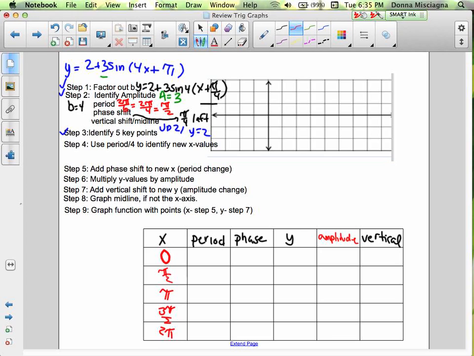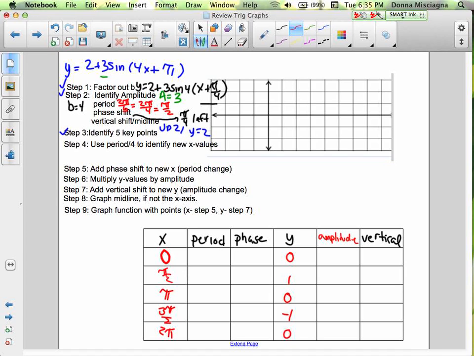So sine starts at 0, then goes to 1, 0, -1, 0. And we've done that on the unit circle. So 0 corresponds to the x-axis, 1 corresponds to the positive y-axis, 0 corresponds to the negative x-axis, -1 corresponds to the negative y-axis, and 0 is back to the x-axis.